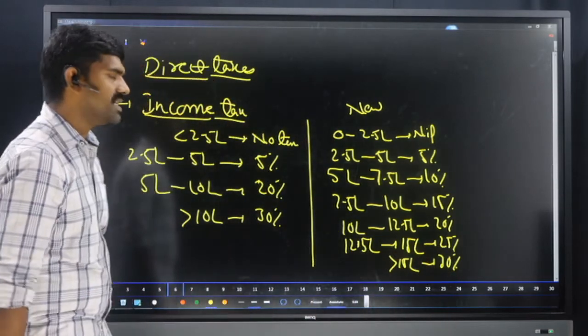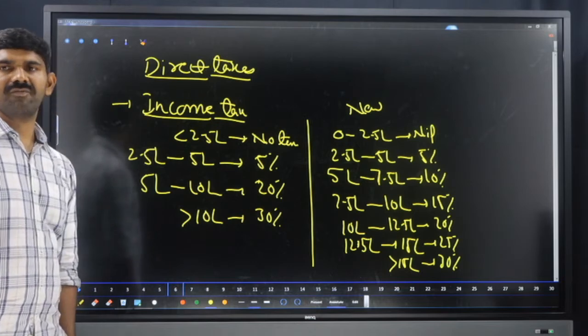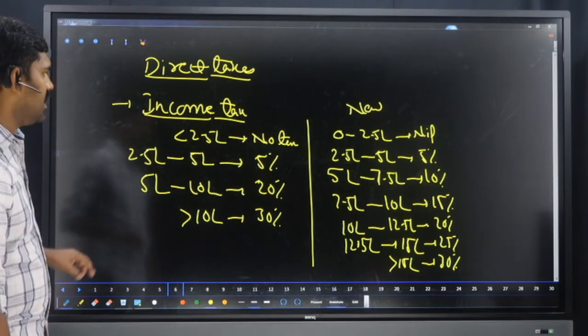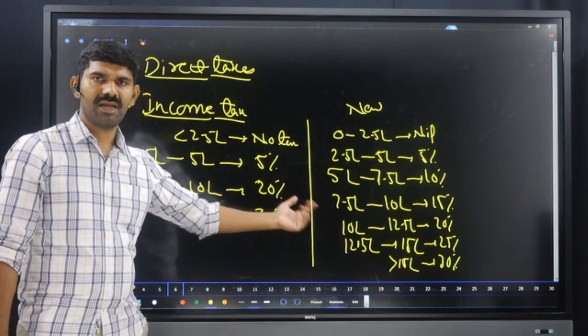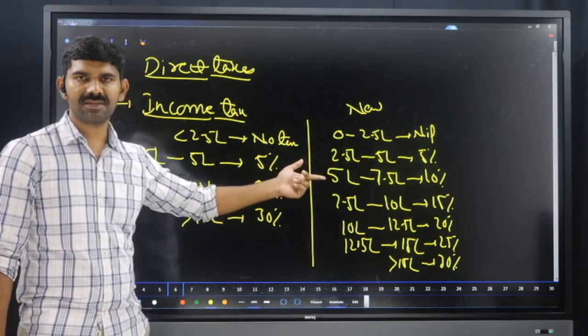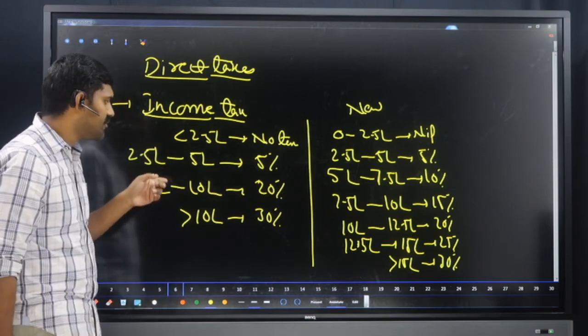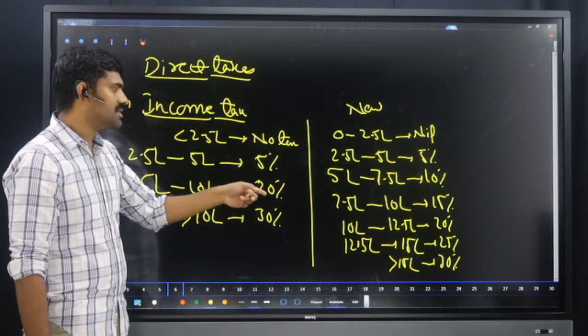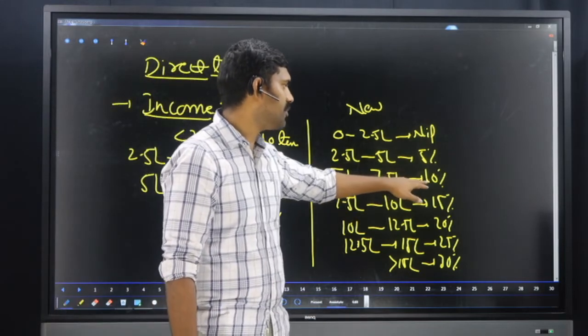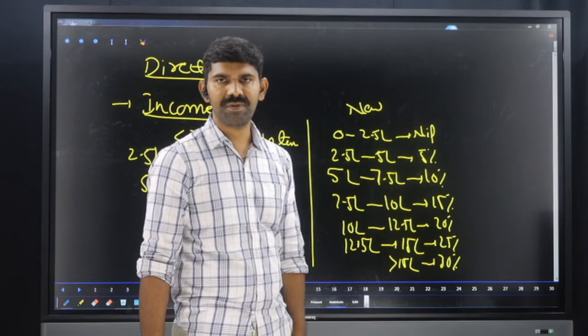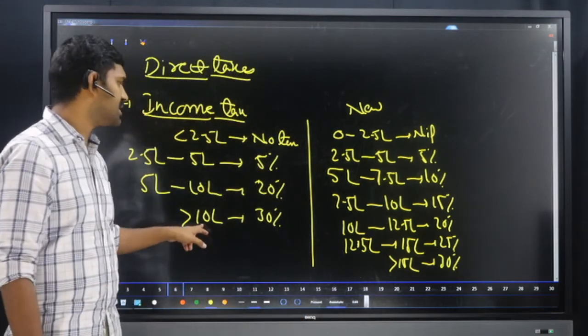So these are the changes in the taxation system of the income tax. Earlier, if you were earning between 5 to 10 lakhs, you had to pay 20%. But now for 5 to 10 lakhs, some of you pay 10%, some of you pay 15%. Earlier, if you were earning more than 10 lakhs, you had to pay 30%.